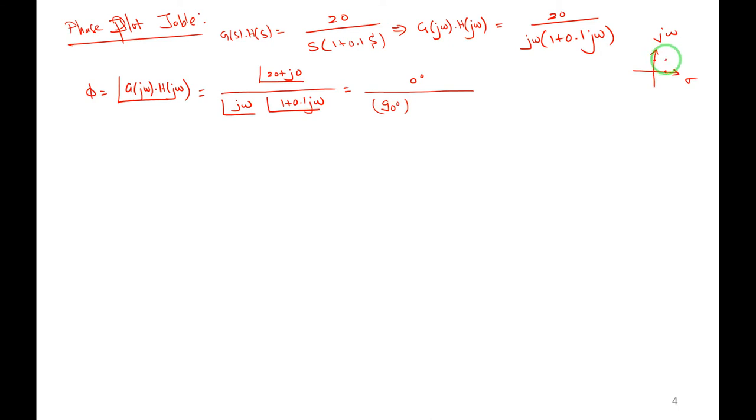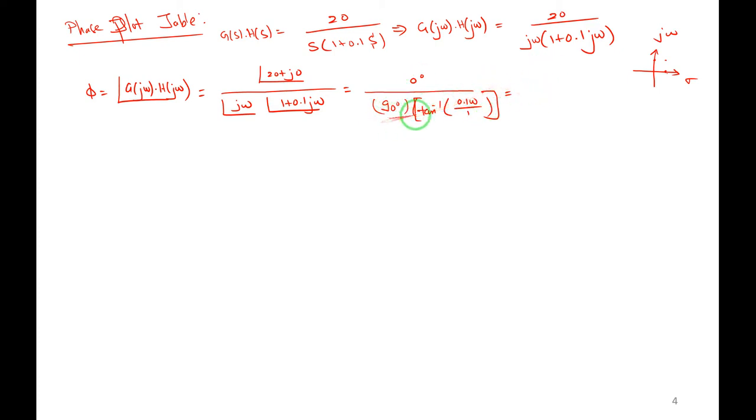So at that time I will use tan inverse of imaginary part by real part. So tan inverse of, which is the imaginary part? 0.1 omega, divided by real part, which is 1. Okay, this 0 degree, I will take this 90 degree, and this to the numerator.